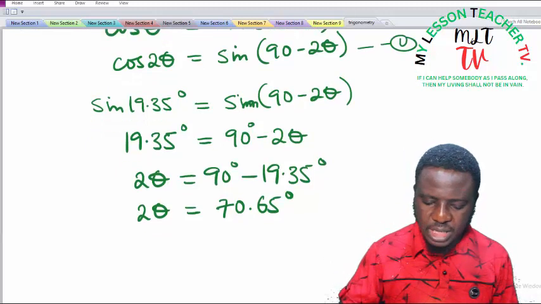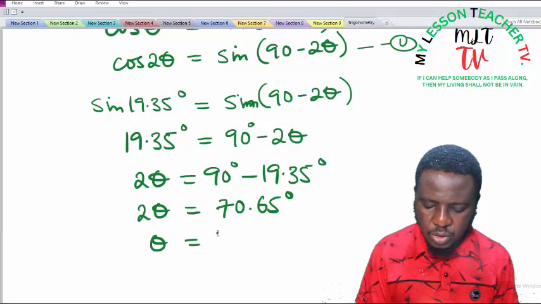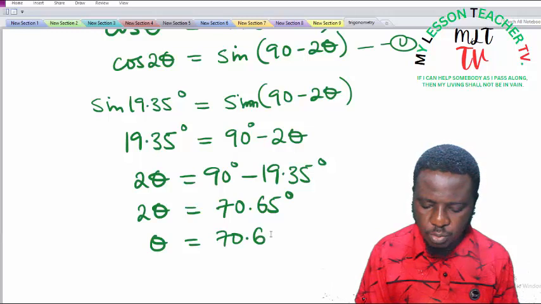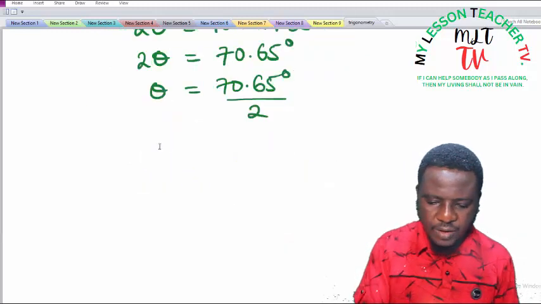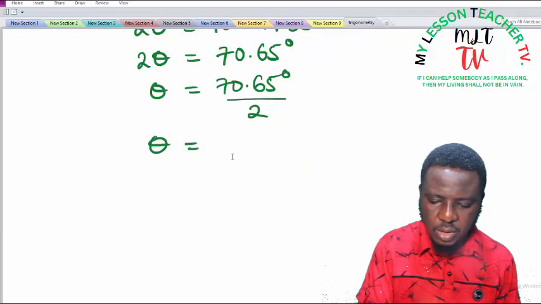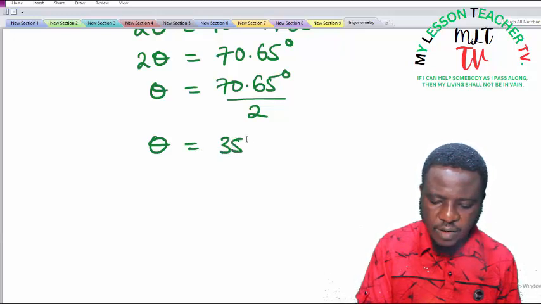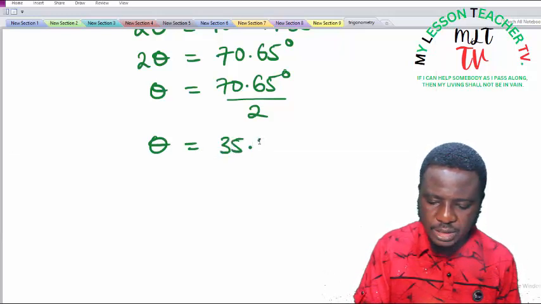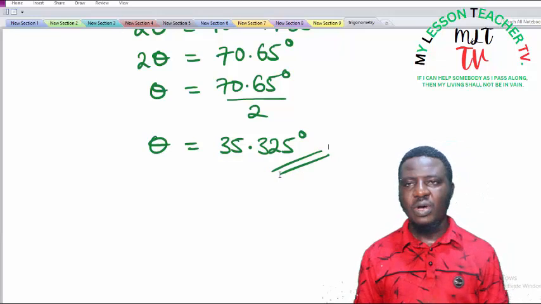Now dividing both sides by 2, you have theta equal to 70.65 degrees divided by 2, which gives theta equal to 35.325 degrees. And this is your answer.